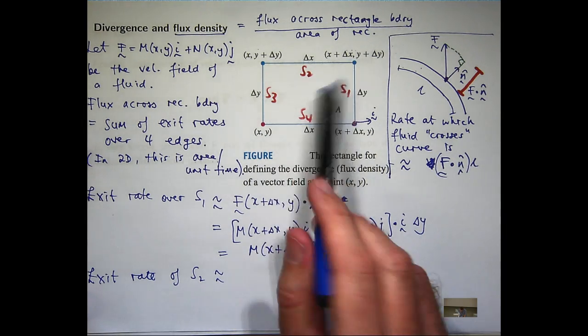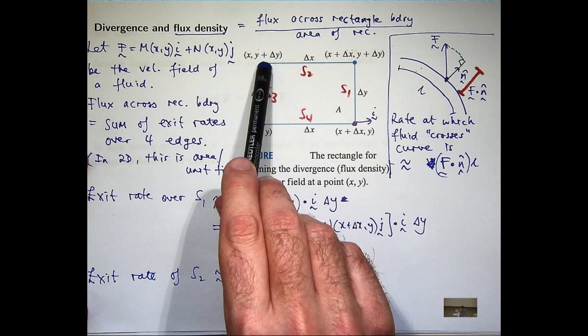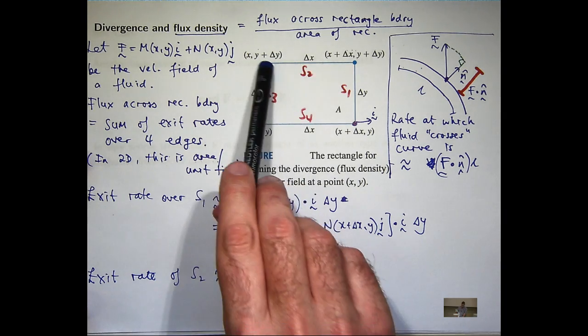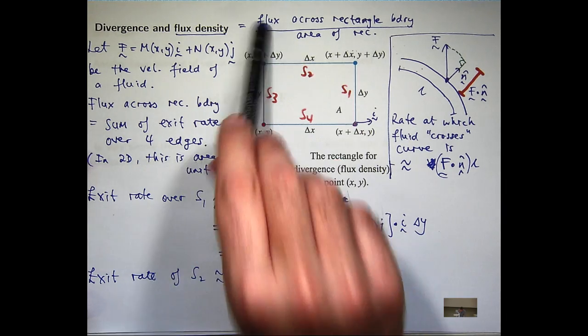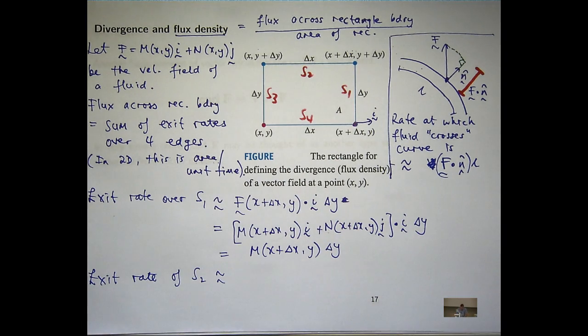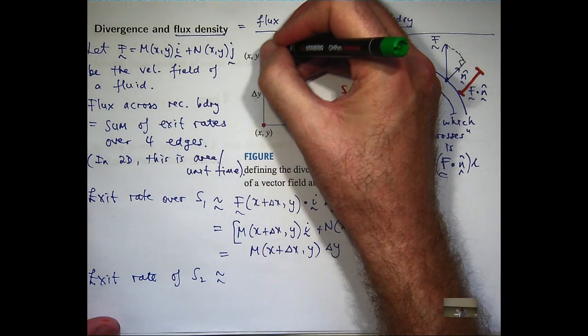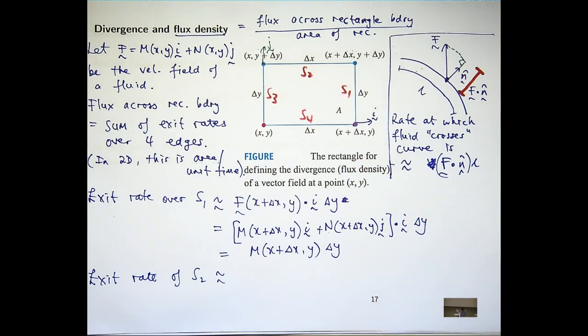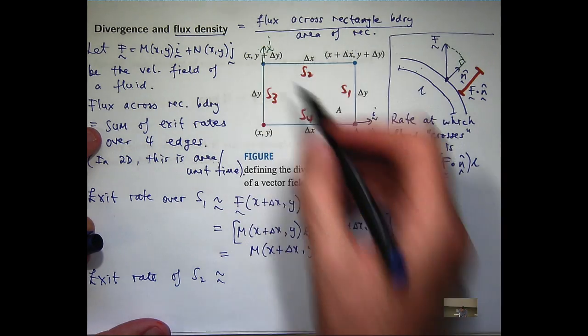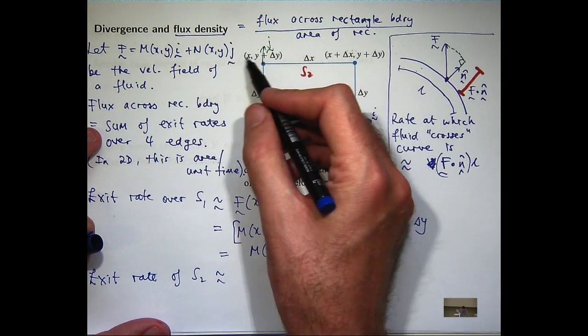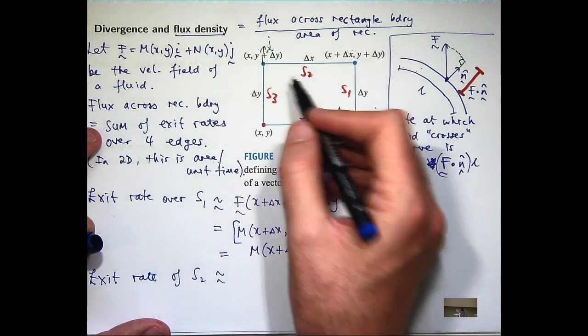Okay, so I'm going to actually choose this point as my sample point, and the question is, what is an outward pointing unit normal to this edge? Well, it's going to be j. So if I draw in my unit normal vector there, using this, it's just f evaluated at this point dotted with j times delta x.